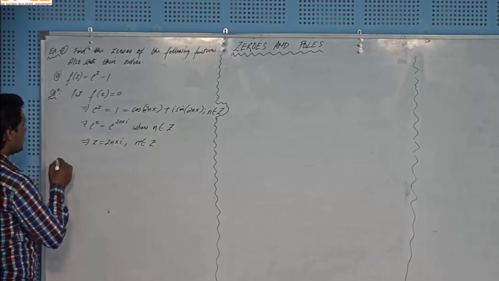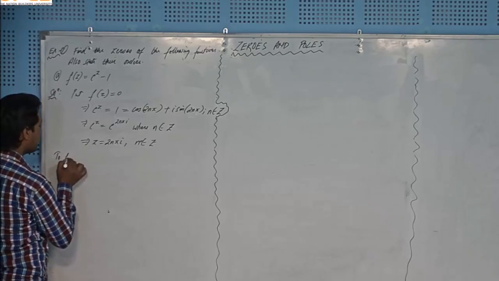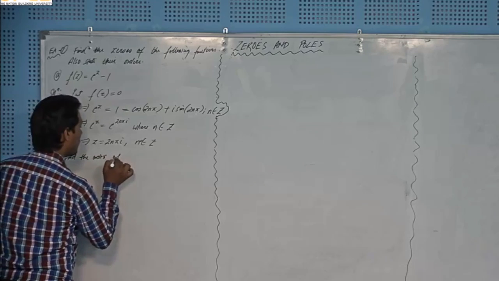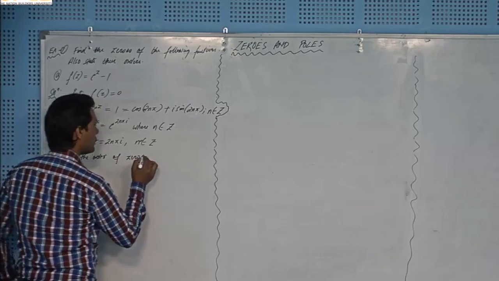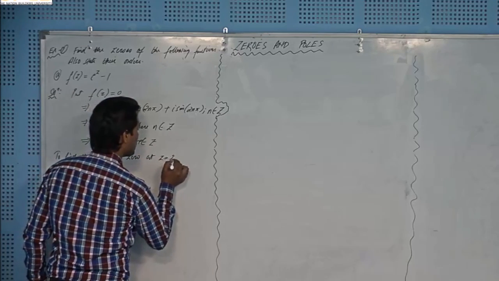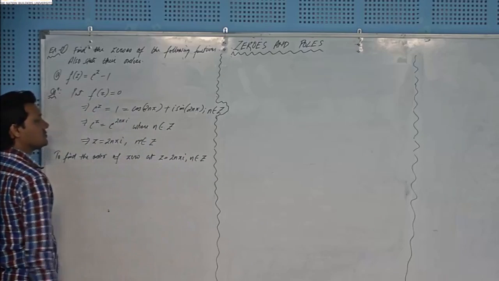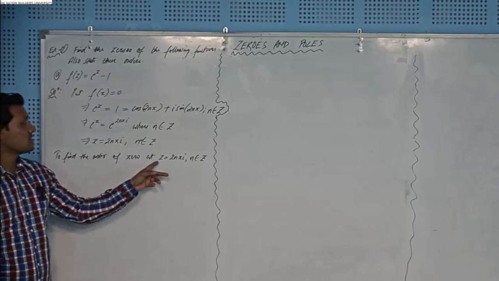To find the order of the zero at z equal to 2n pi iota, with n belonging to the integers, I am taking all of them, not only one zero. I have written all of the zeros.